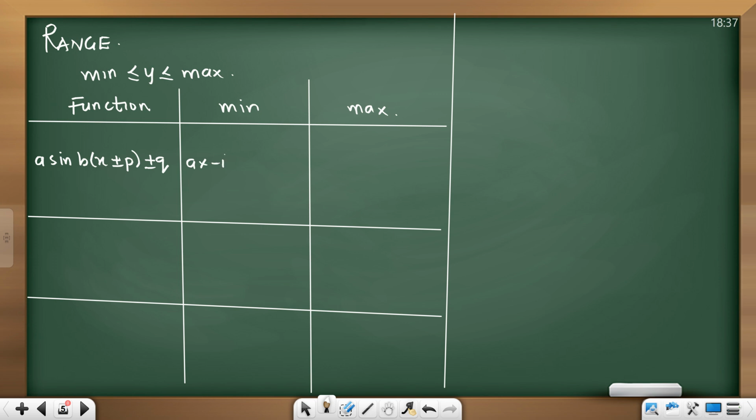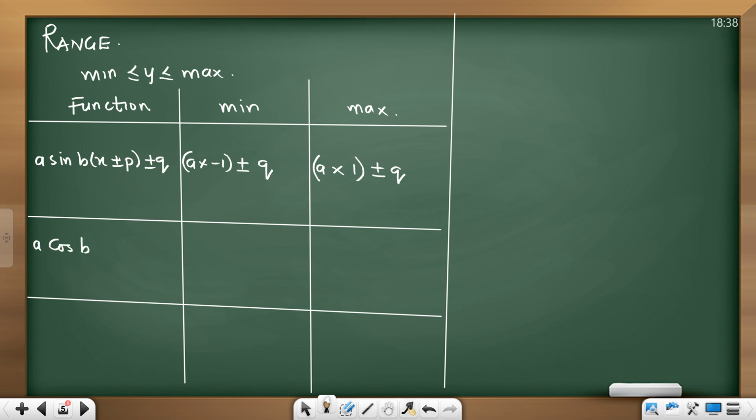A times minus 1 plus or minus Q. Maximum: A times positive 1 plus or minus Q. We're just going to throw whatever value we have. So the idea is, can you identify what your A is? And can you identify what your Q is?